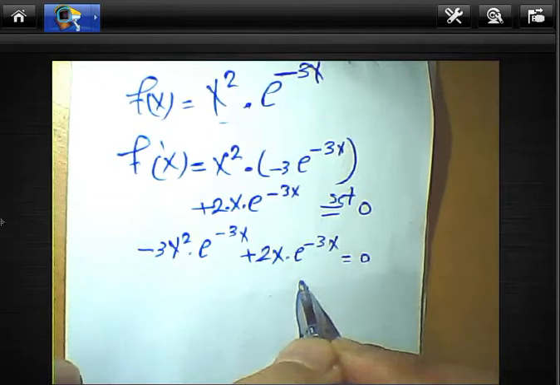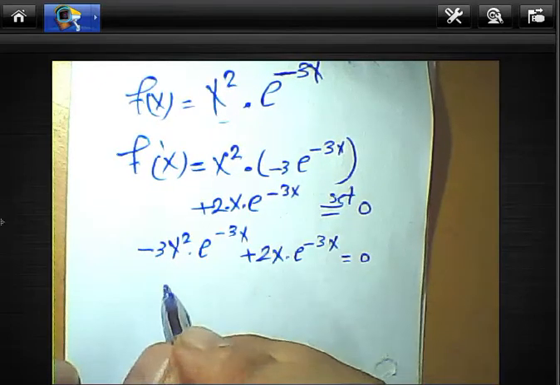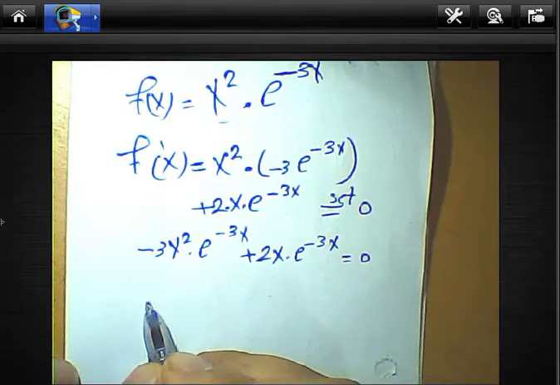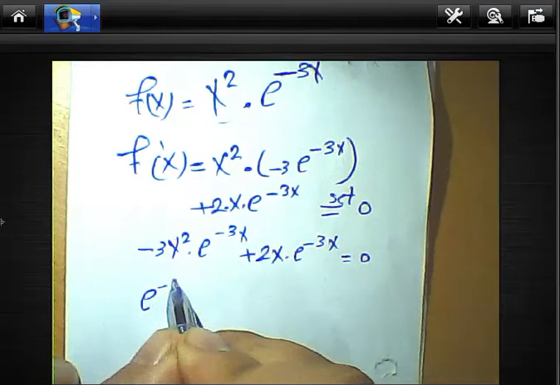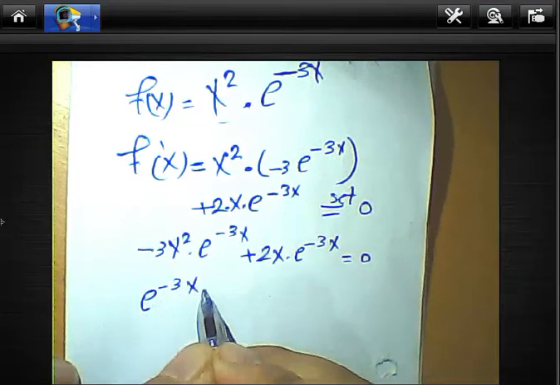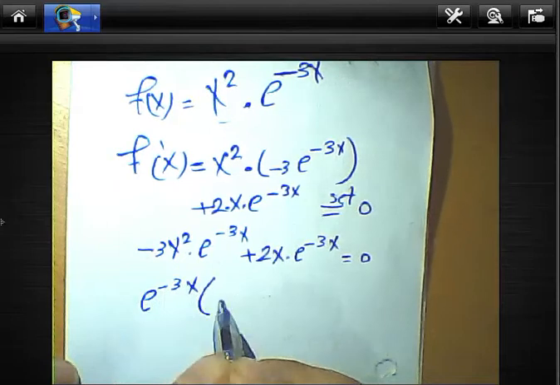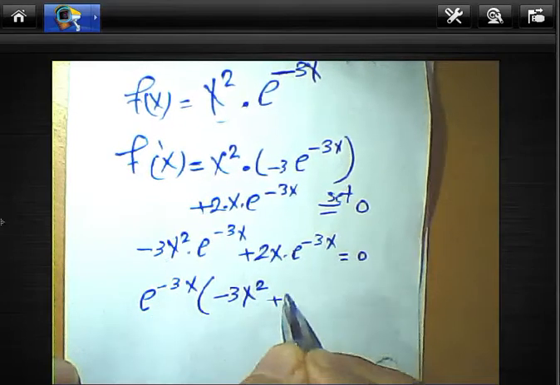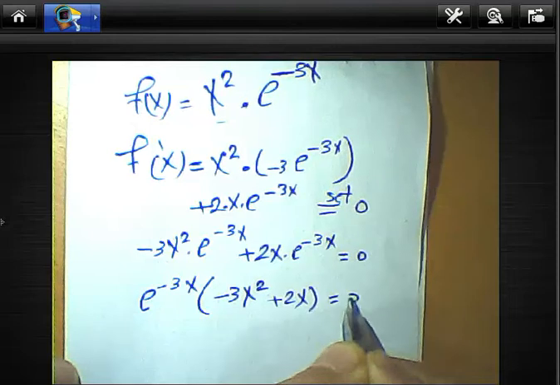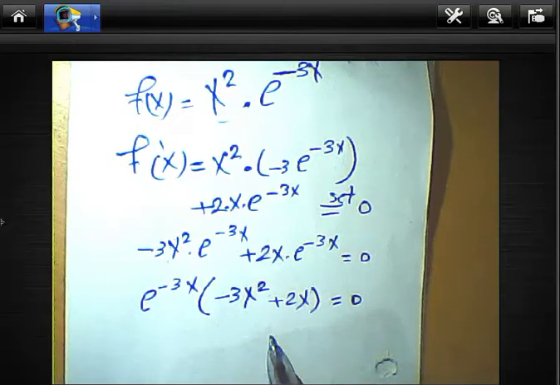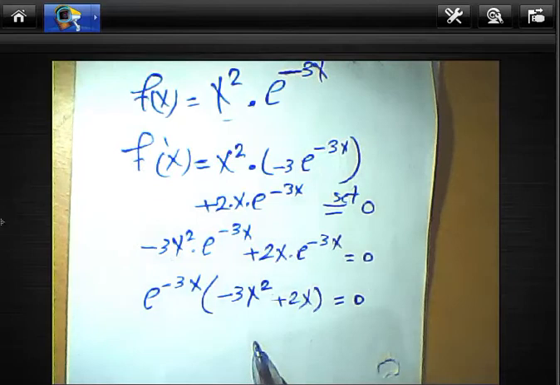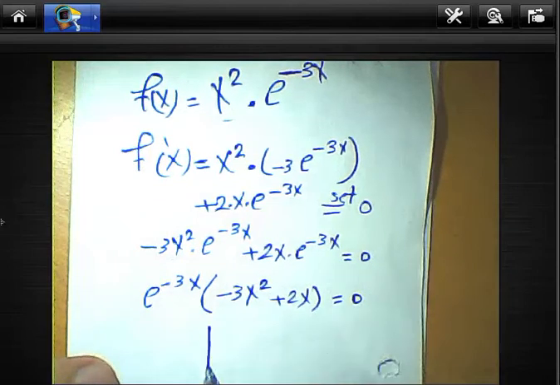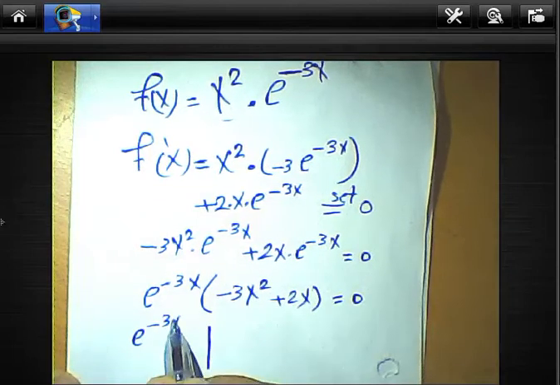Then we can take e power negative 3x outside, and the result will be negative 3x power 2 plus 2x, all this expression equal 0, and here we can write e power negative 3x equals 0.